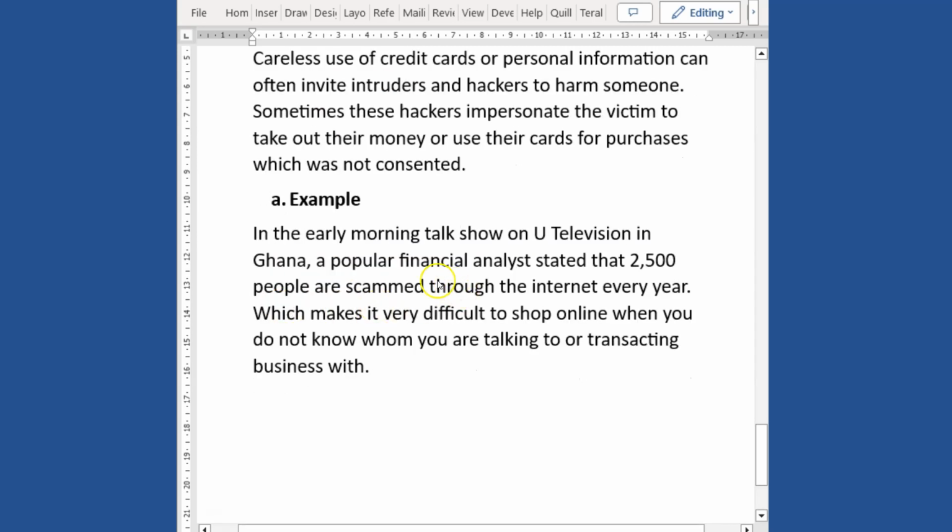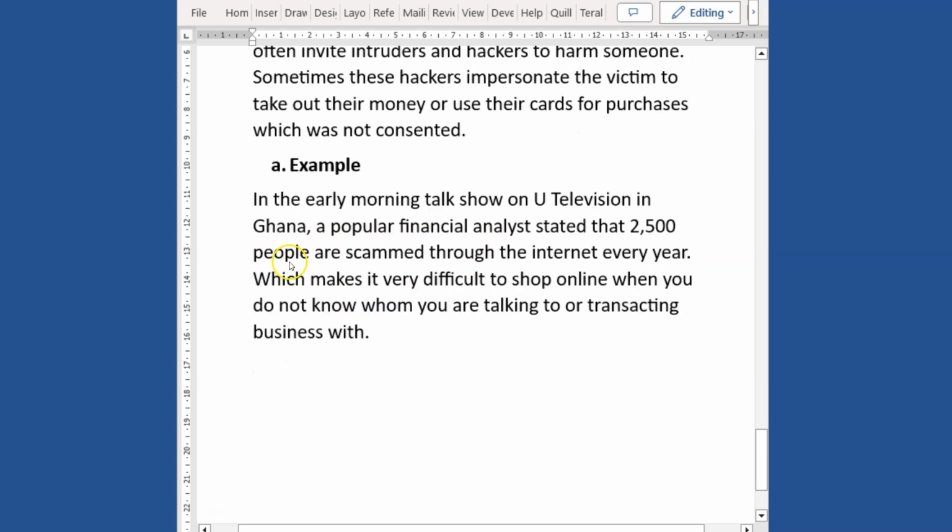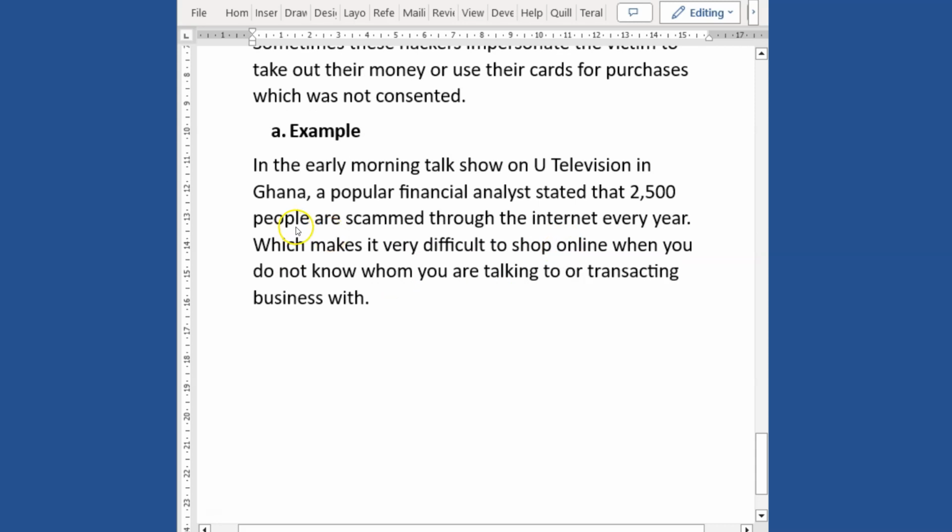In the early morning talk show on Youth Television in Ghana, a popular financial analyst stated that 2,500 people are scammed through the internet every year, which makes it very difficult to shop online when you don't know whom you are talking to or transacting business with. So you can see that this particular paragraph is still emphasizing the disadvantage of shopping online.